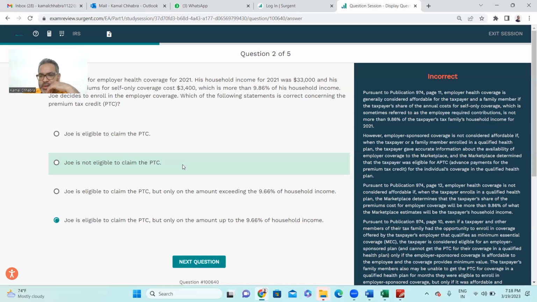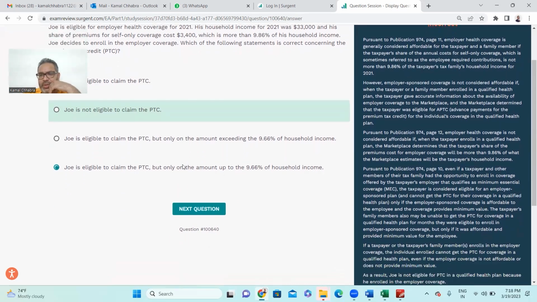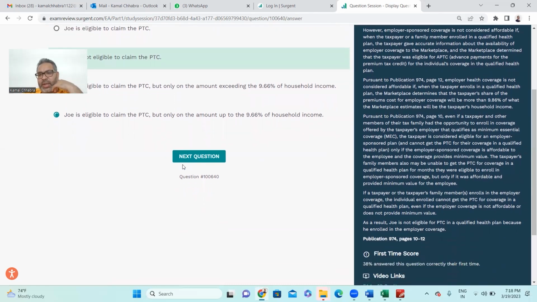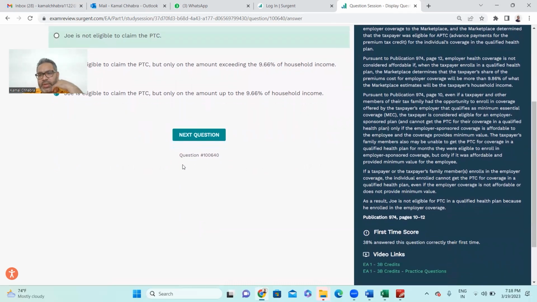However, employer-sponsored coverage is not considered affordable if, when the taxpayer or a family member enrolled in a qualified health plan, the taxpayer gave accurate information about the available employer coverage to the marketplace, and the marketplace determined that the taxpayer was eligible for the advance payment of the premium tax credit.